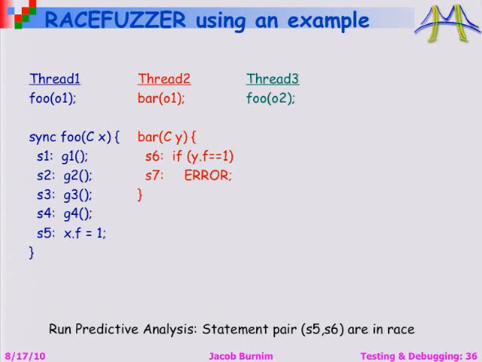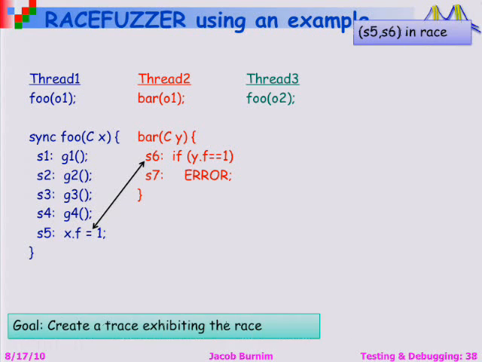So the first step is we'd run our predictive analysis. Let's say that analysis told us there might be a race between statements S5 and S6. So the key to our active testing algorithm is that there's the potential race, and we want to create a trace that really exhibits this race.